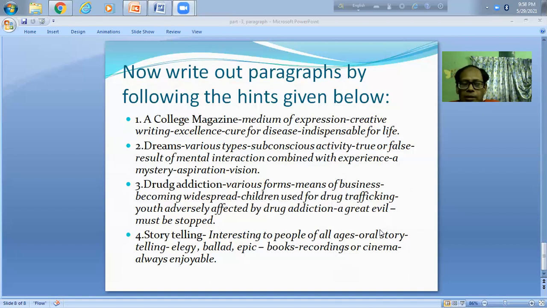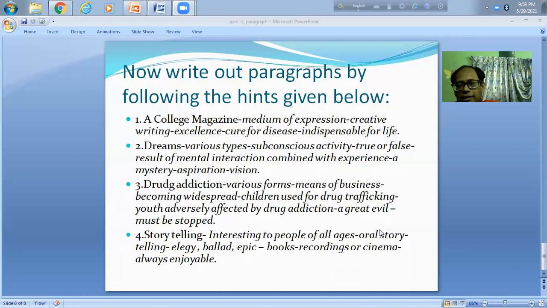Thus, drug addiction is becoming widespread in the society, especially in the higher class and in the lower class. In the higher class, people do have money, but they want variation in their life. Sometimes they feel monotonous. Sometimes boys and girls become victims of broken families, so they get frustrated.